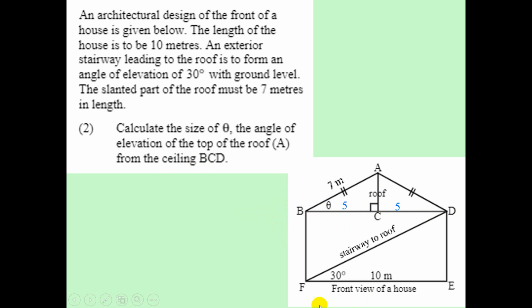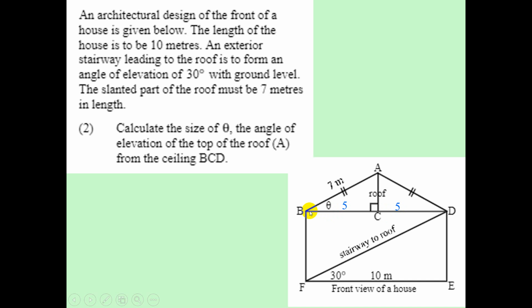And before we do that, we know that FE is 10. If FE is 10, then BD is 10. These two triangles are congruent, 90 degrees. The hypotenuse are equal, and there's a common side. That's a right angle hypotenuse side. If they're congruent, it means that BC is equal to CD. So we know that's 5 and that's 5.